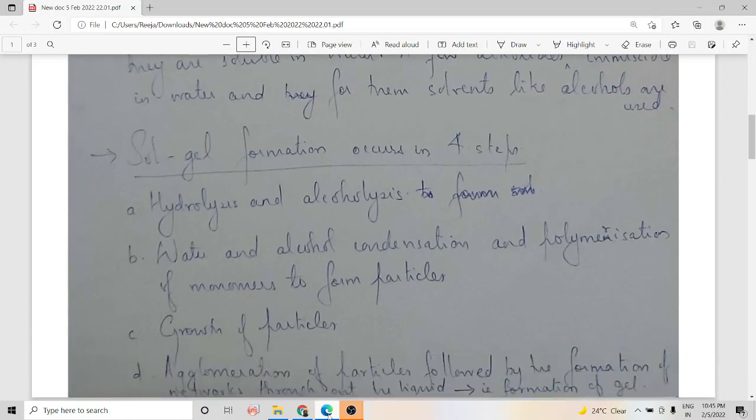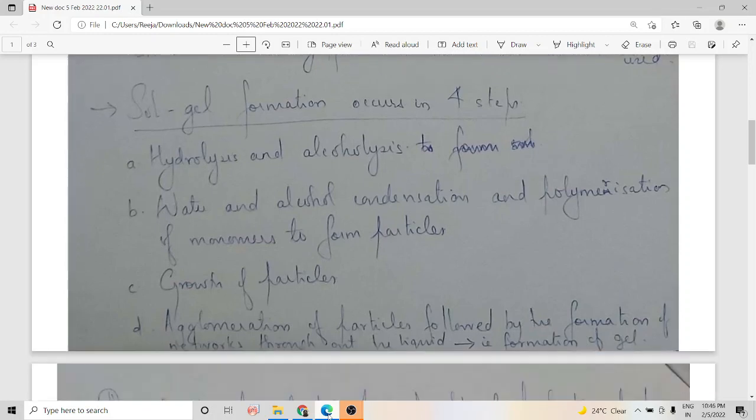Next stage is the growth of the particles. The fourth stage is agglomeration of the particles, followed by the formation of networks throughout the liquid, that is the formation of the gel. So we have written down the steps from the formation of the sol to the gel.